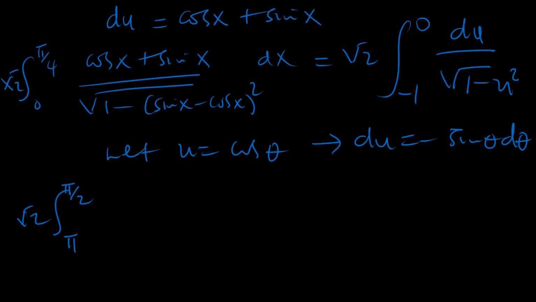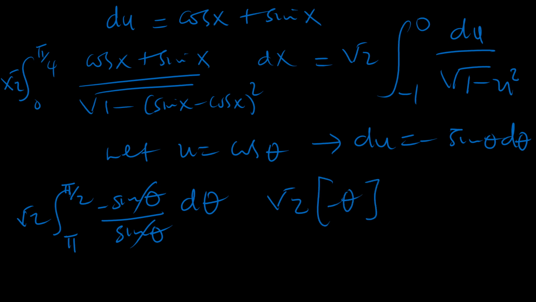Then we have du as negative sine theta, and in the denominator the square root of 1 minus cosine squared theta is sine theta, so this would cancel out, and so we have root 2 times negative theta from pi to pi over 2, so this is the same as root 2 times, obviously inverting that, pi over 2. So this is for I plus j.